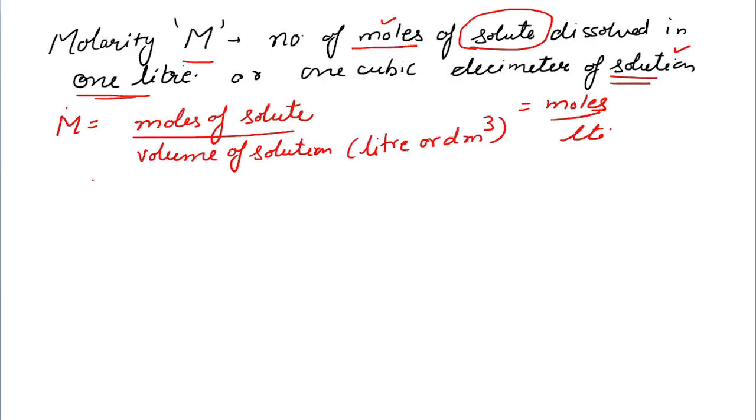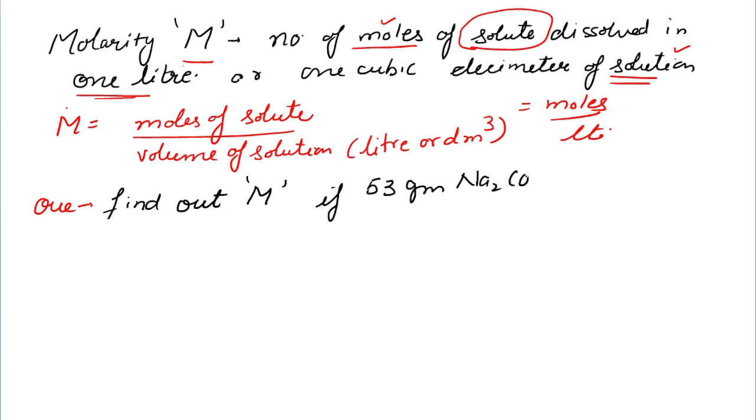This is the unit. But now, to make it more understandable, we are doing one question. Find out molarity, capital M, if 53 gram Na2CO3, sodium carbonate, is dissolved in 500 ml of solution.